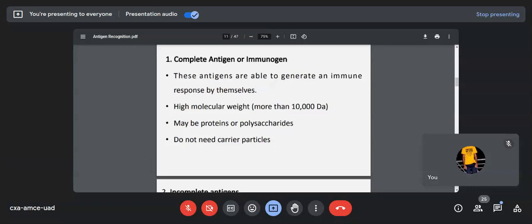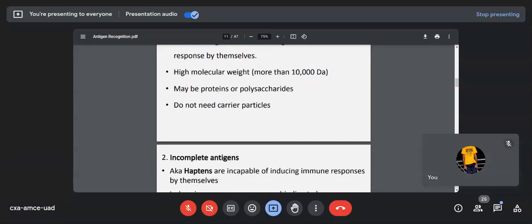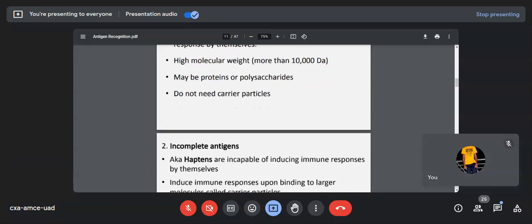So it's so complex even for a student to understand the nomenclature. What about immunity cells? Even for them, it's so complex to understand what it is. So if it's made up of a complex structure, then you regard it as a what? A complete antigen or an immunogen. And also, they do not need what we call carrier particles.